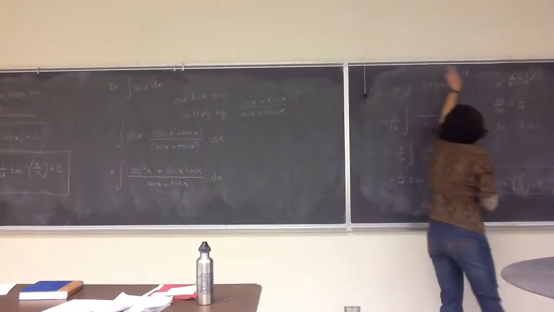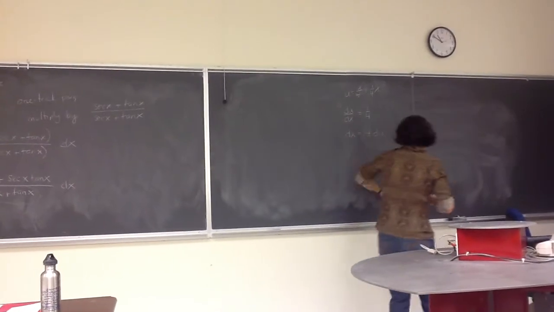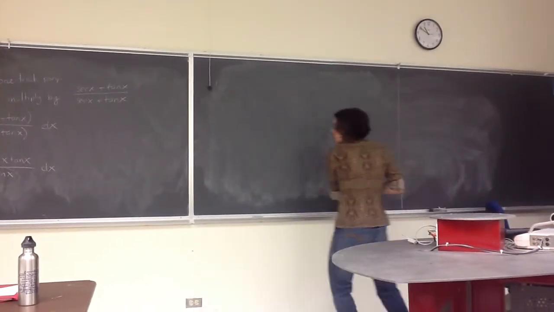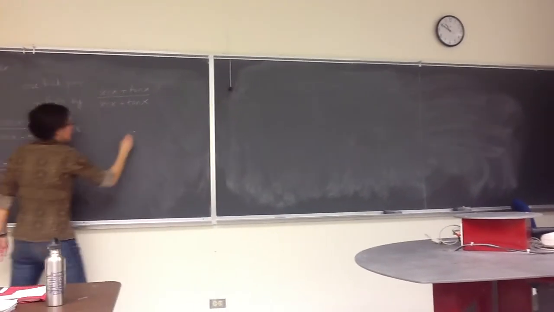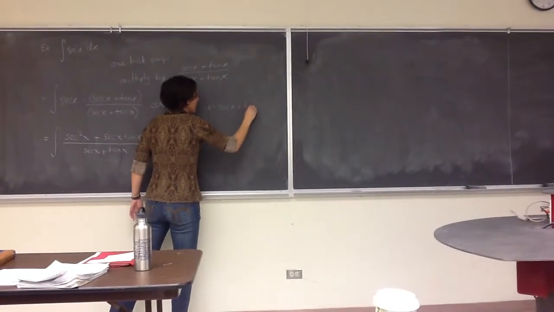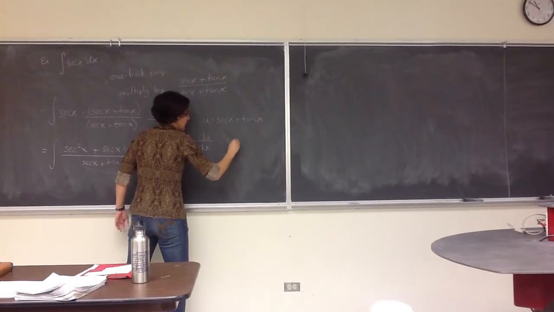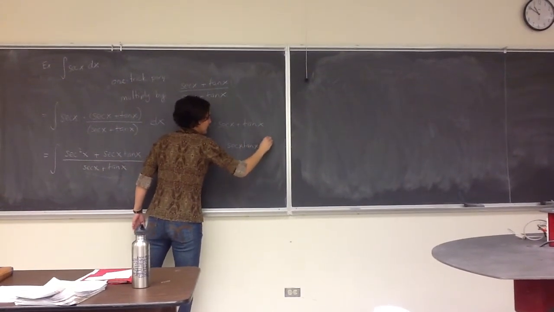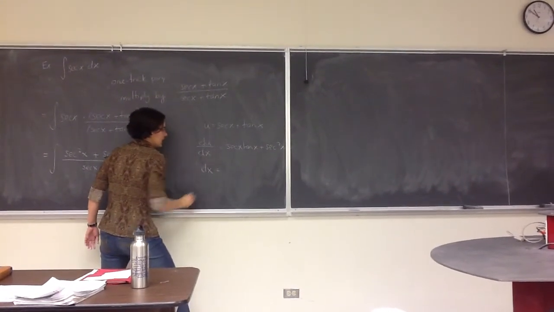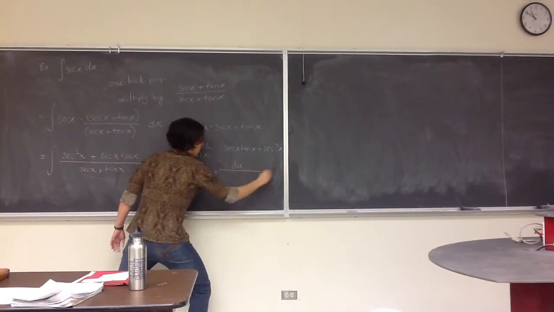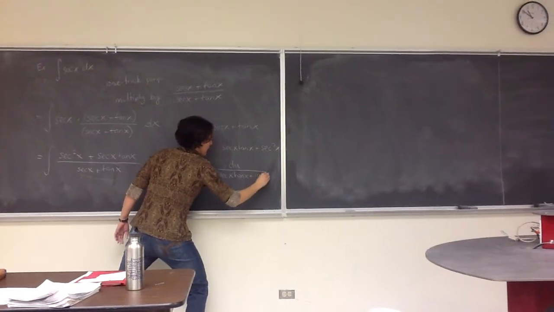Somebody was absolutely positively clever in their choice of multiplying by 1, and it gave us a really cool opportunity here. We can let u be equal to secant x plus tangent x. Our derivative, du over dx, becomes secant x tangent x plus secant squared x, which tells me that my dx is equal to du over secant x tangent x plus secant squared x.